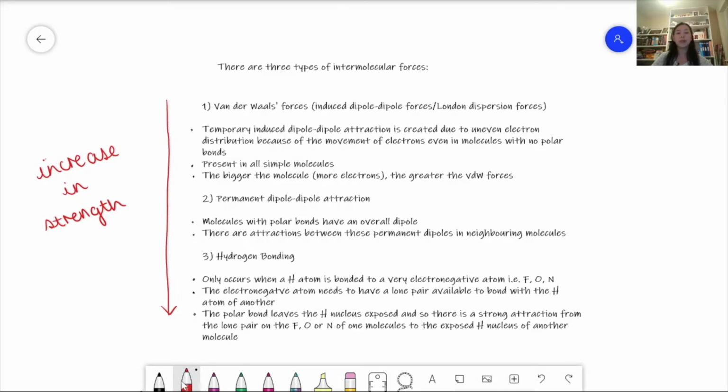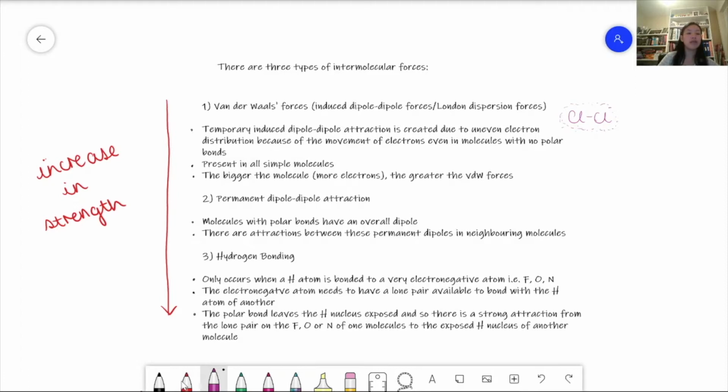So, for example, if we had chlorine, we already have a chlorine here, and the electrons are spaced evenly because there's no difference in electronegativity, because it's not a polar bond.